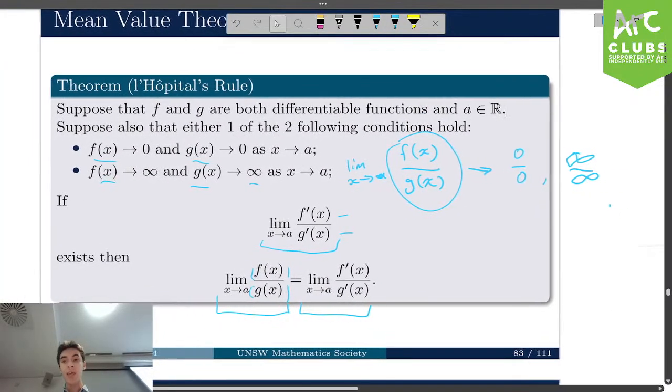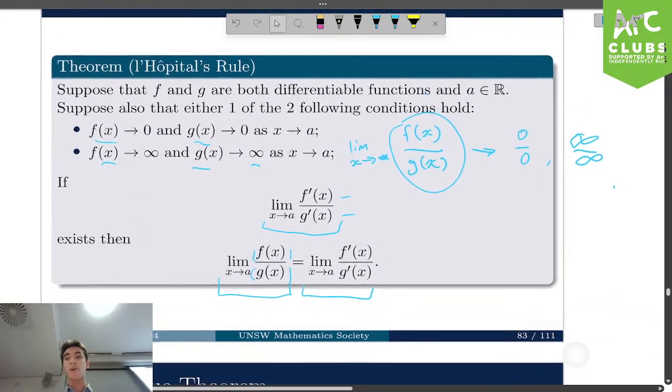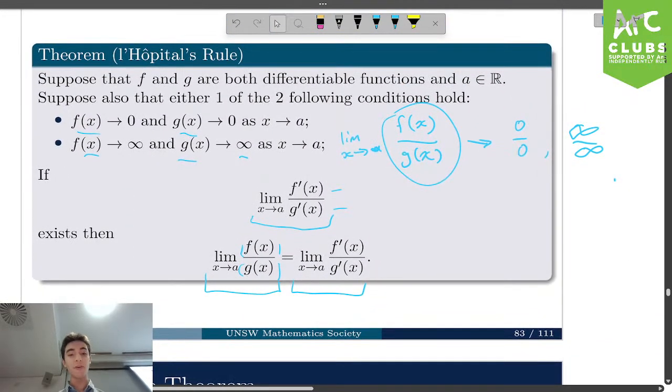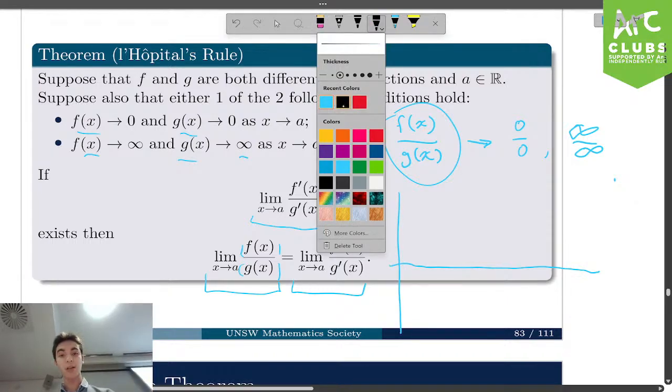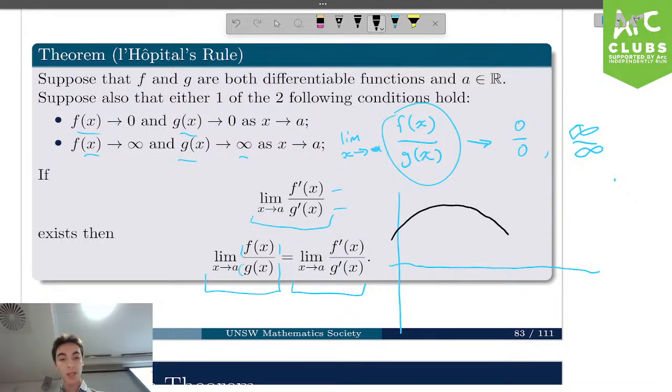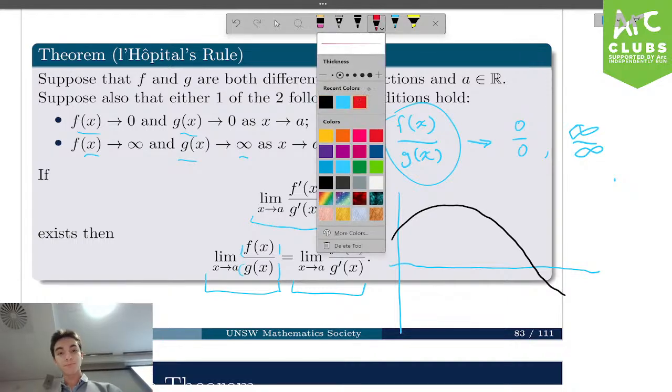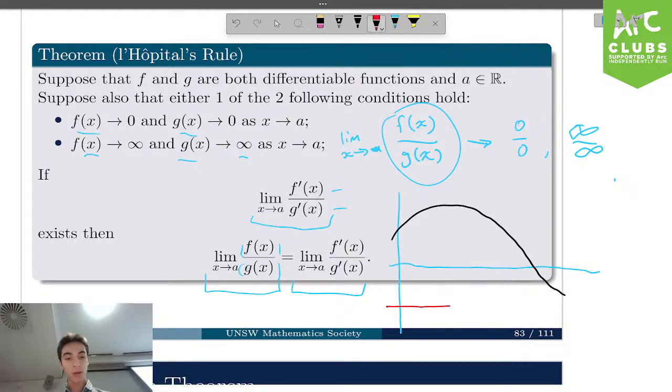We're not going to go into how to prove this with the mean value theorem, but if you want some intuition for why this is the case, say you have these two functions. Let's have some colors. Black function, and at some point it goes to 0. And red function, at some point it goes to 0.